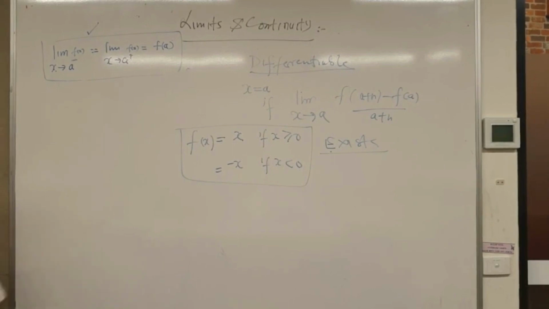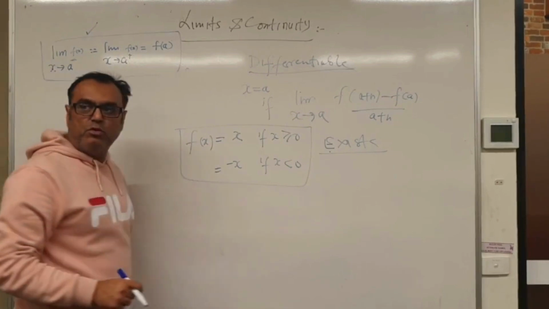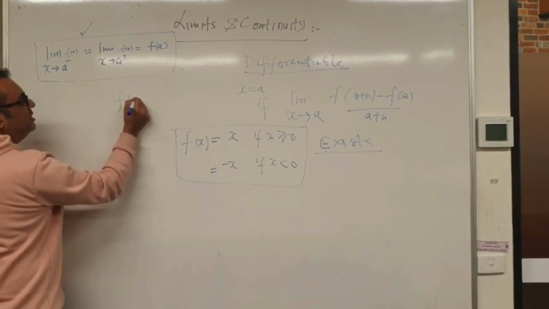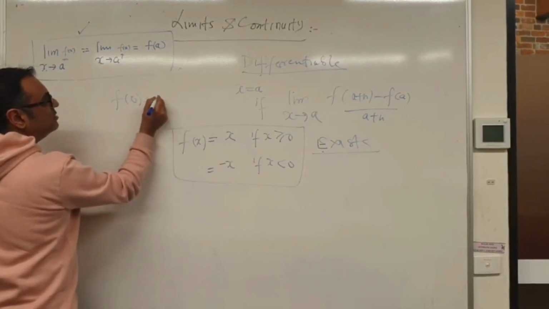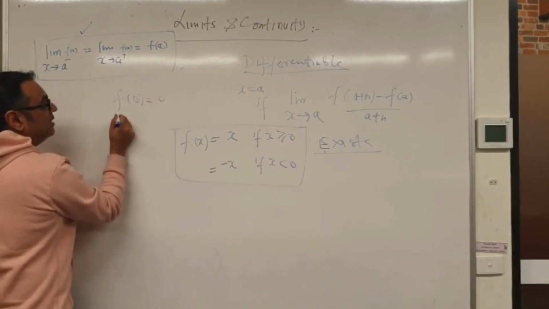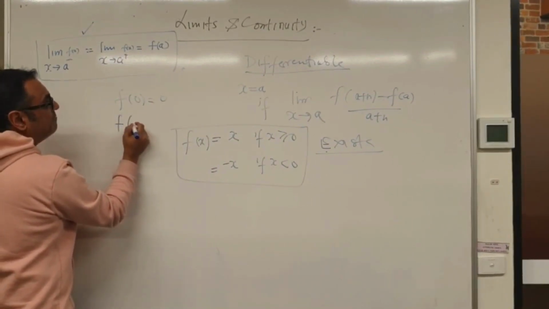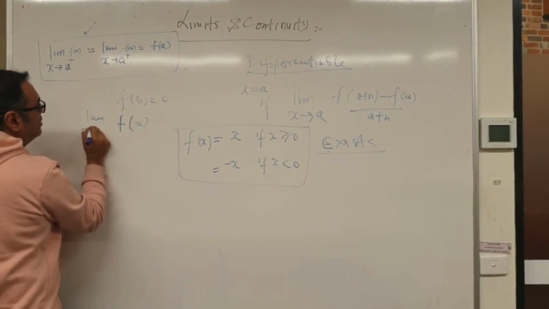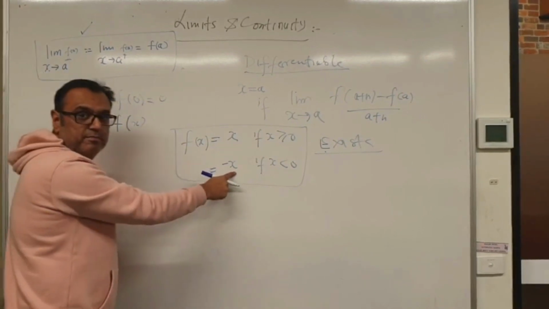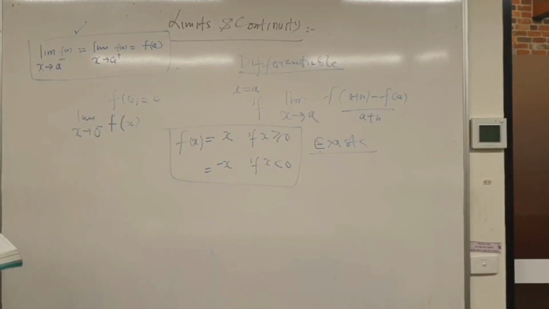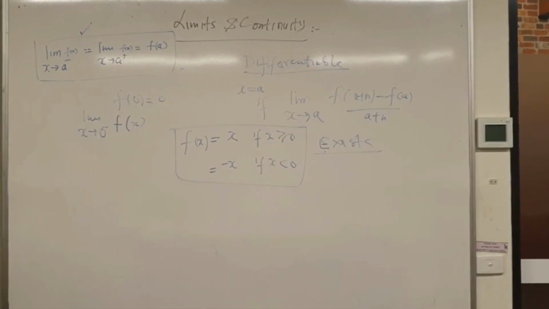If the function is not continuous, say no. So if I check the continuity at x equals 0, f of 0 is 0. Now f of x, my negative limit, is this value? So what will that give me? 0.